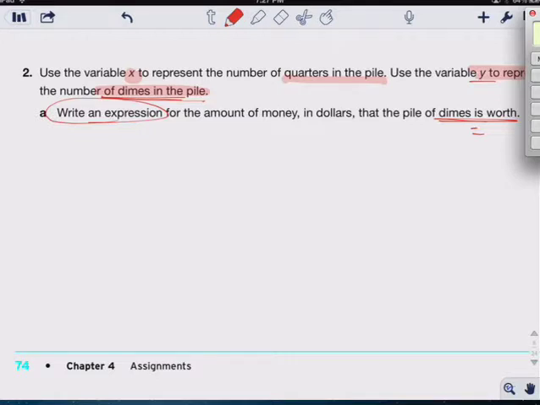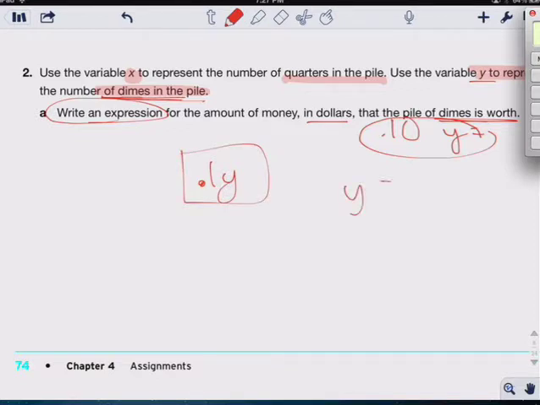They say to use Y for dimes. Money in dollars. A dime is 10 cents, so it's 0.10 Y. That's our answer. 0.1Y is our expression. Get rid of the 0. Y equals the dimes.